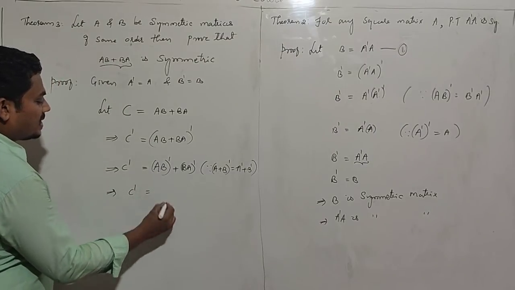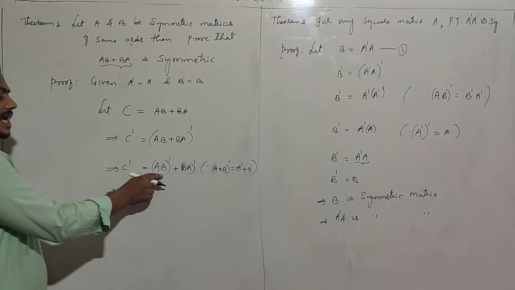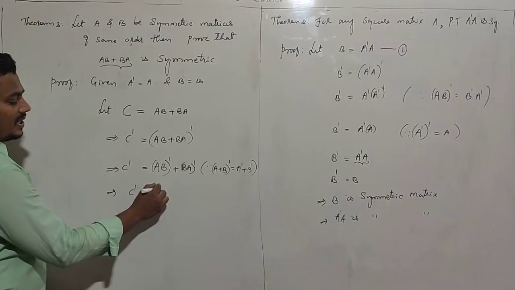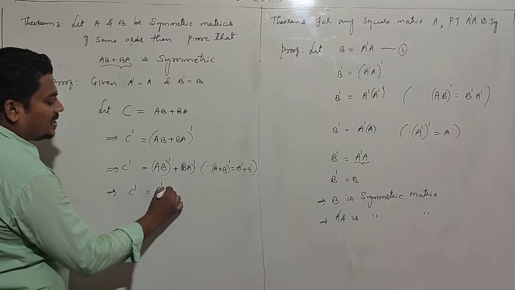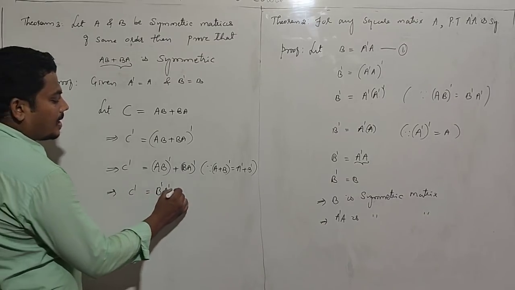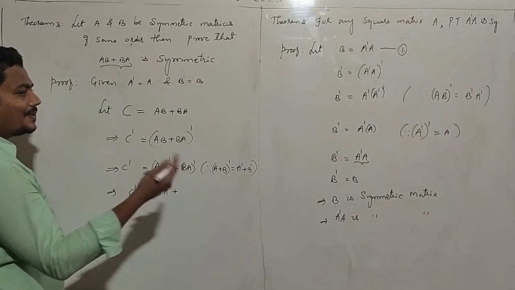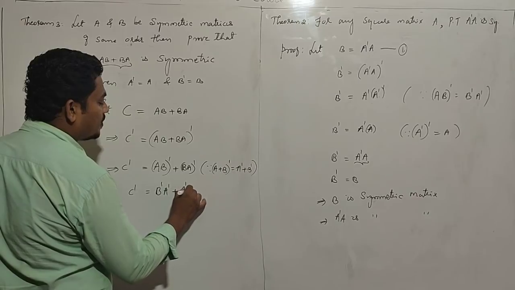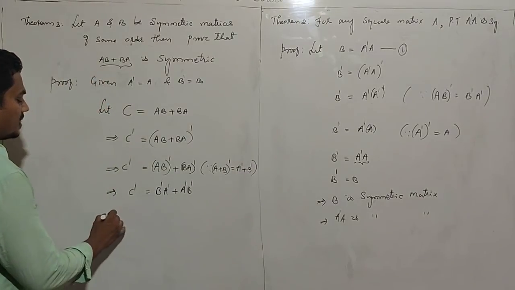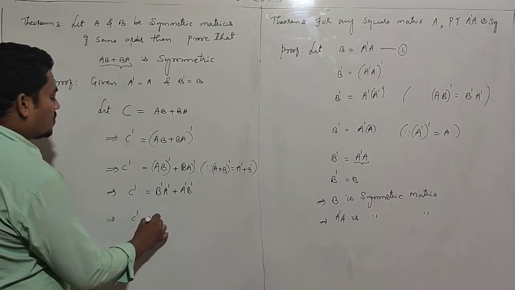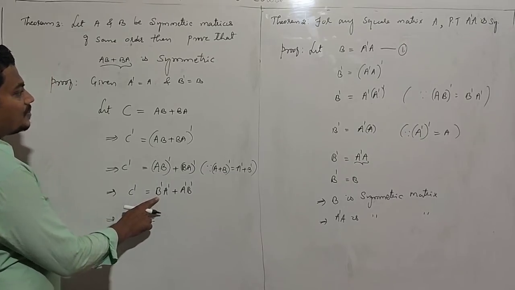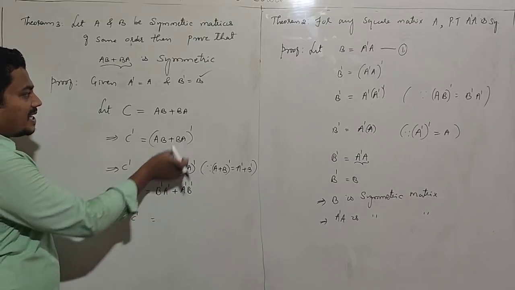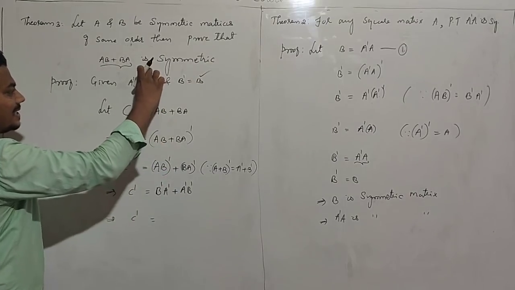Next, C transpose equal to. Here apply A into B whole transpose property, that is B transpose into A transpose, plus here also again use A into B whole transpose property, then we get A transpose into B transpose. Implies C transpose equal to, I will write B transpose as B and A transpose as A. Why?